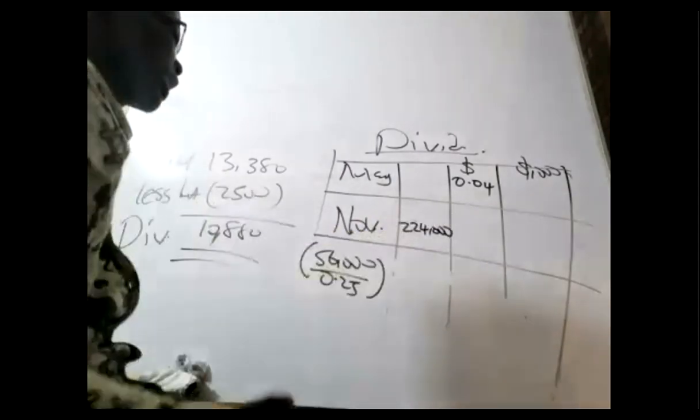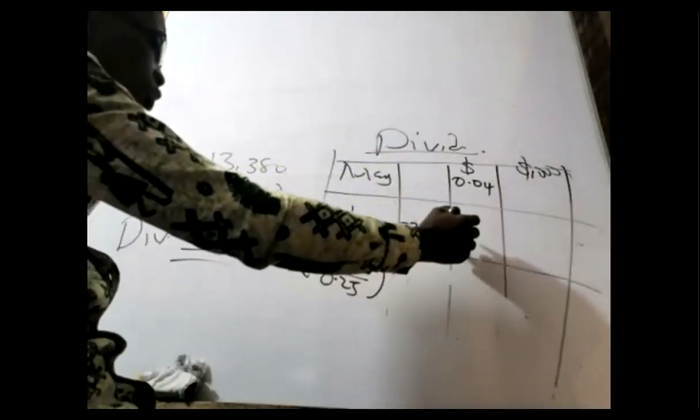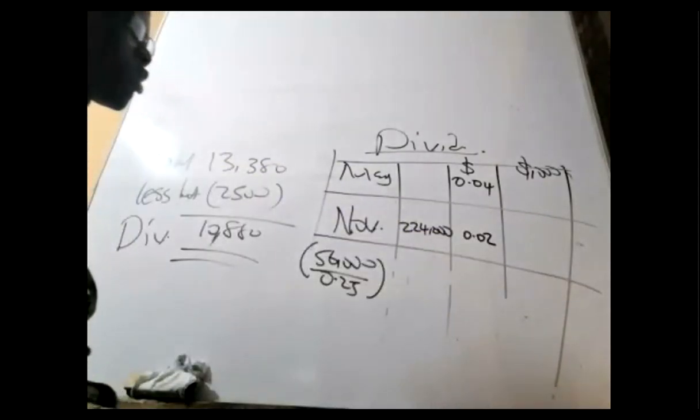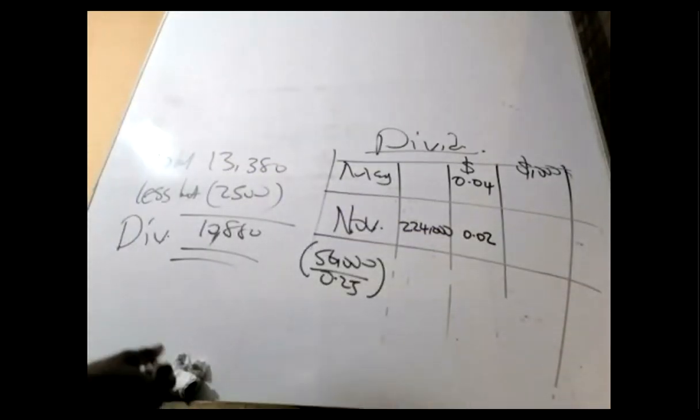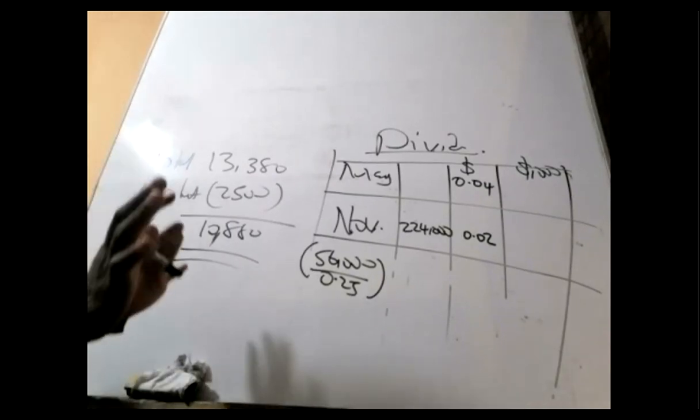So now for these 224,000 shares, the dividend per share was 0.02, that is 2 cents. So what will be the total dividend paid at the end? You do the easiest one.